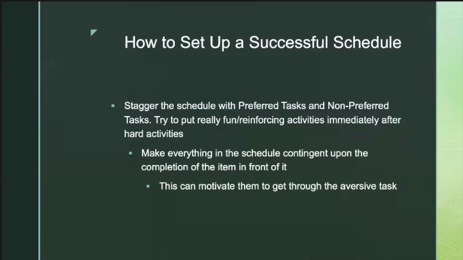So if it's non-preferred, but not really super non-preferred, so it's not super high up on the hierarchy list, then we don't have to follow it with the highest reinforcer. We can follow it with a medium level reinforcer. So it's a little bit of math brain that we're using when we're devising this schedule, because we have to create the schedule a certain way with contingencies, with the staggering, in order to ensure success.